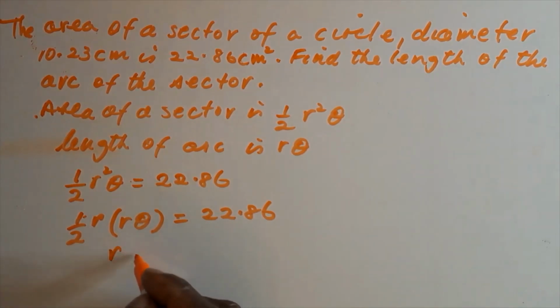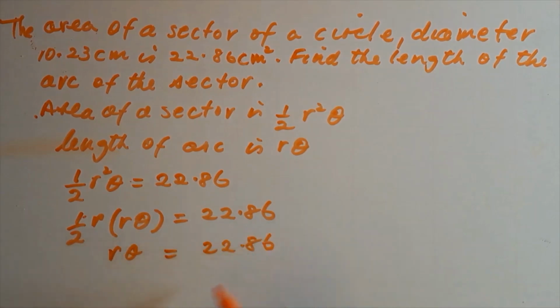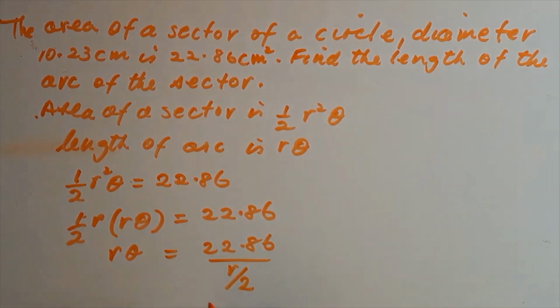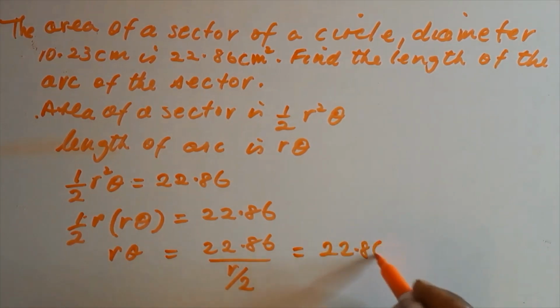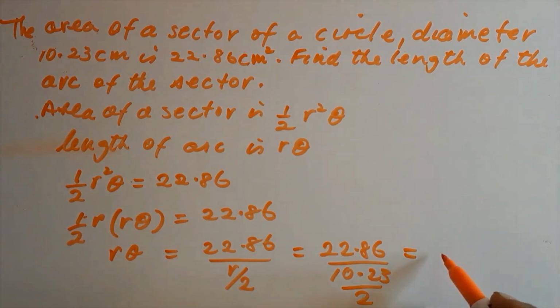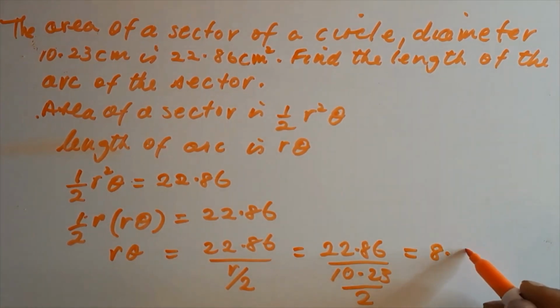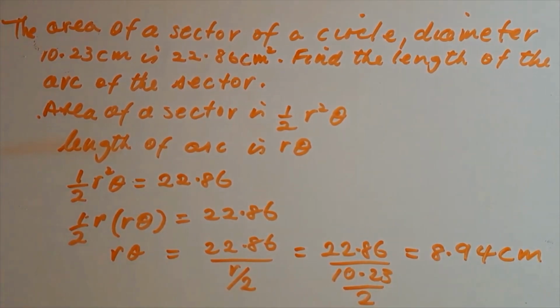So let's rearrange here. r theta now is equal to 22.86 divided by r over 2, which is the radius. And this is equal to 22.86 divided by 10.23 over 2. And the result is 8.94 centimeters.